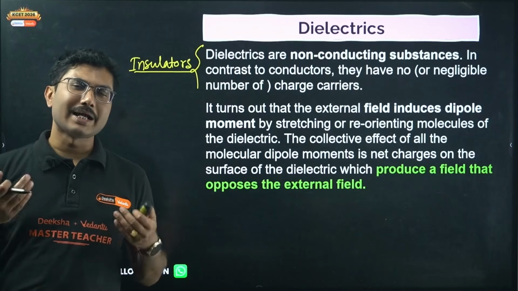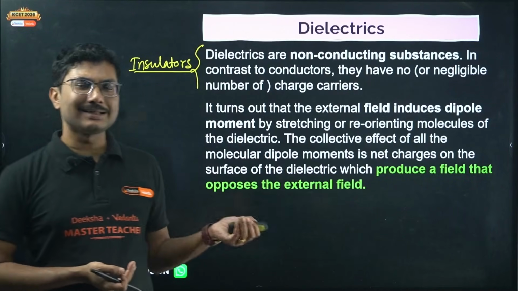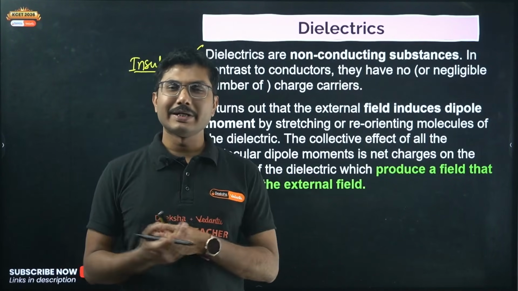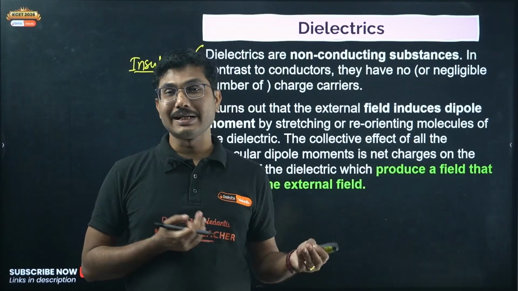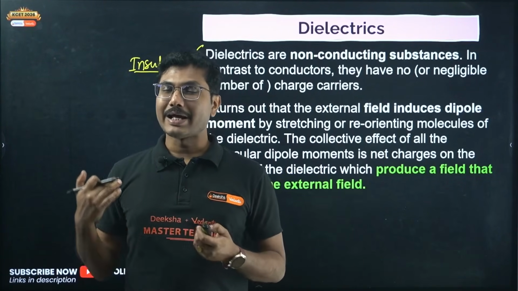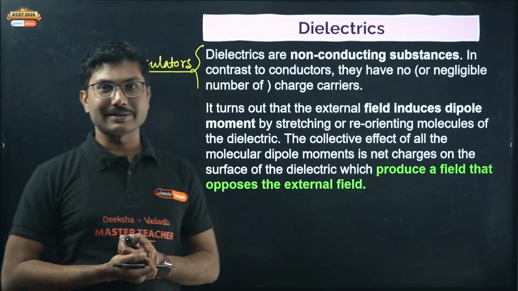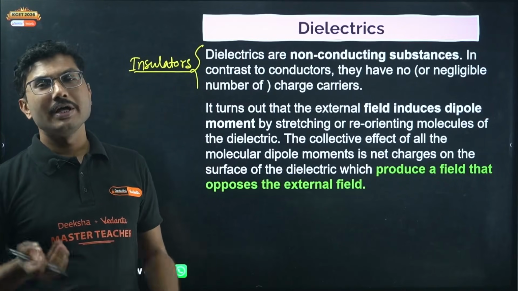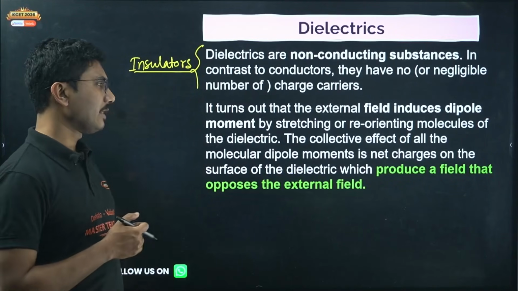In metals, electrons and protons reorient themselves in such a way that the electric field cancels. In the case of a dielectric, the electric field does not cancel, but it has the property of reducing the electric field.